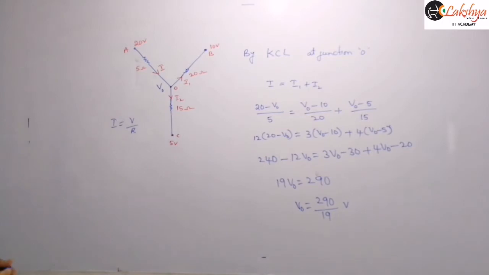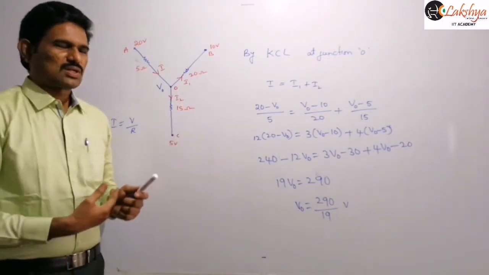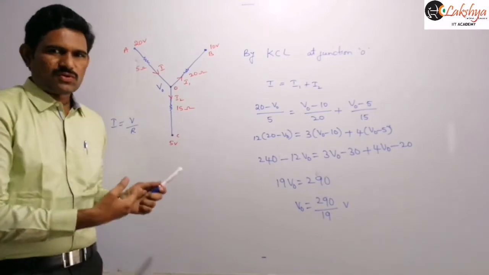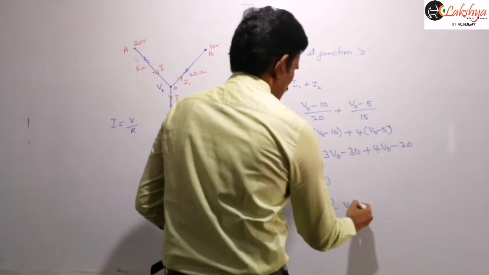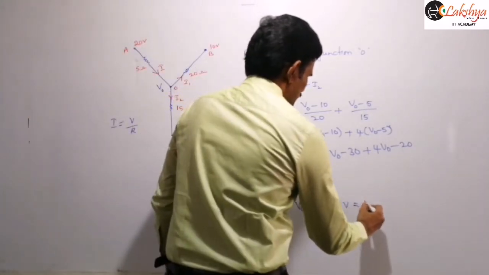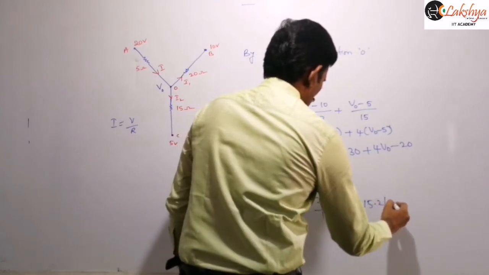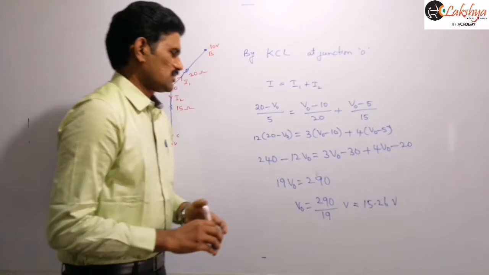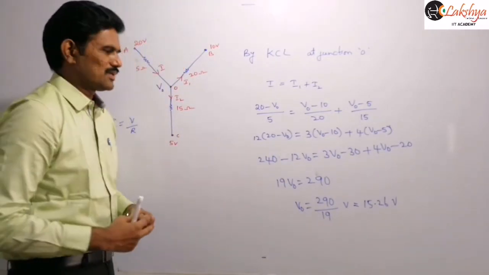To identify whether these current directions we are assuming are correct or not, let us further simplify this. This value, approximately, I can say it as 15.26 volts. Let us consider that. That means you will get some other values, so I am taking it up to the second decimal.